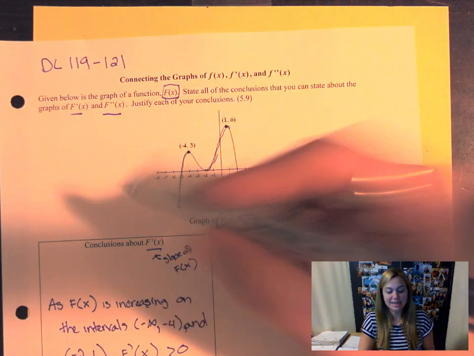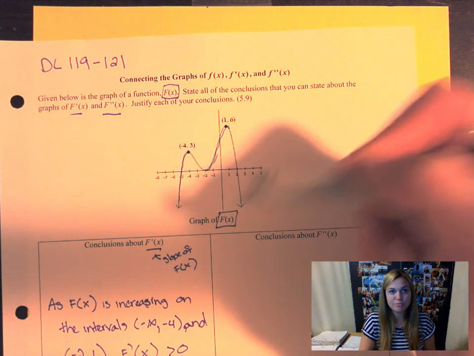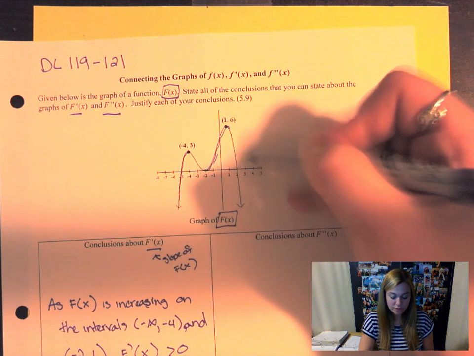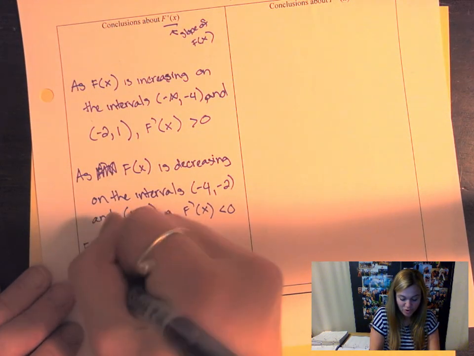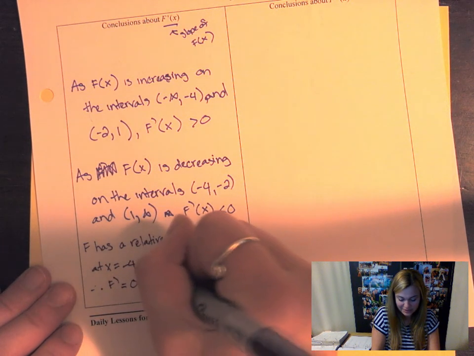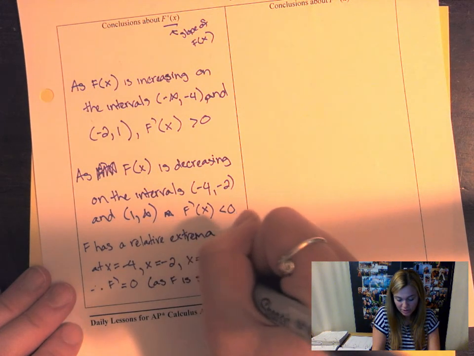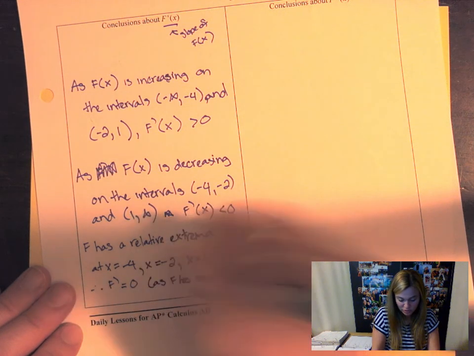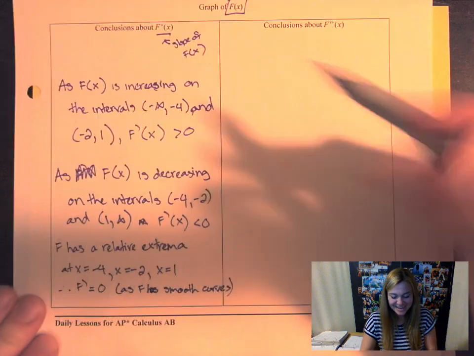And I can see there are nice, smooth curves, so I don't even just have to say that f prime could be 0 or does not exist, because these are nice, smooth curves. Therefore, f prime equals 0. And I might even say as f has smooth curves. That says has. You can tell because I said it. Okay, so all sorts of things.